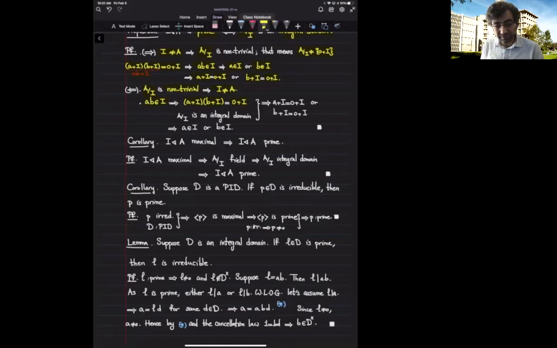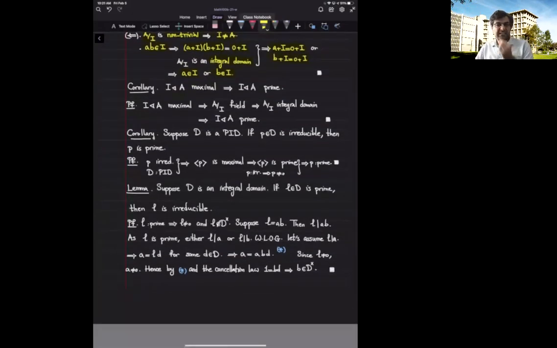But the quotient ring is an integral domain. So when the product of two elements is zero, one of them should be zero. So either A plus I is zero or B plus I is zero. Altogether, we deduce that either A is inside I or B is inside I, which means I is a prime ideal.